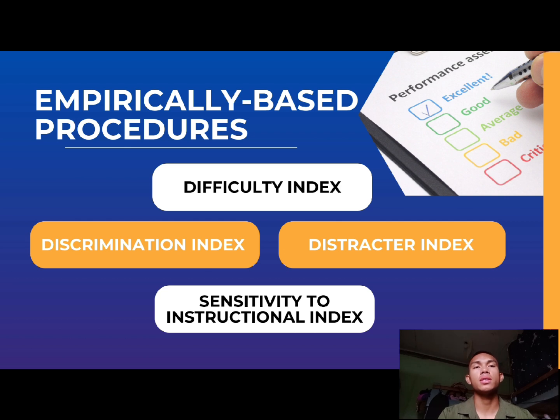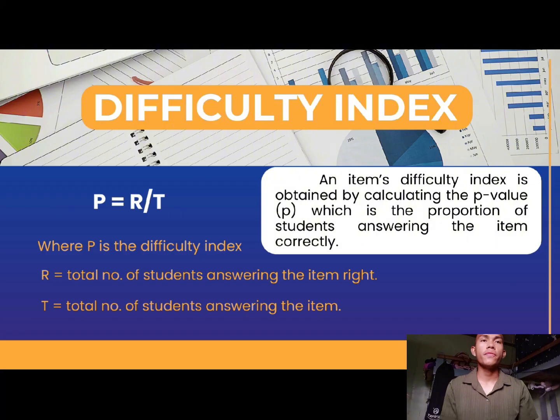So first is the difficulty index, second is the discrimination index, third is the distractor index, and last is the sensitivity to instructional index. So the difficulty index is used to measure how easy or hard a test item is.